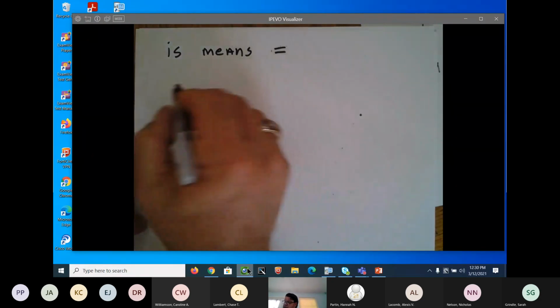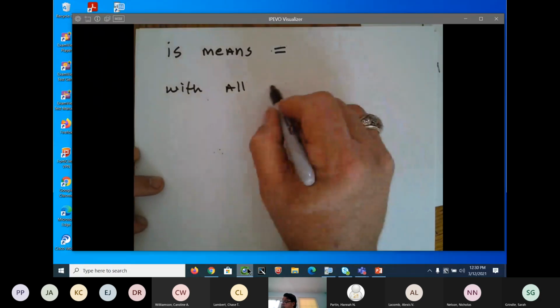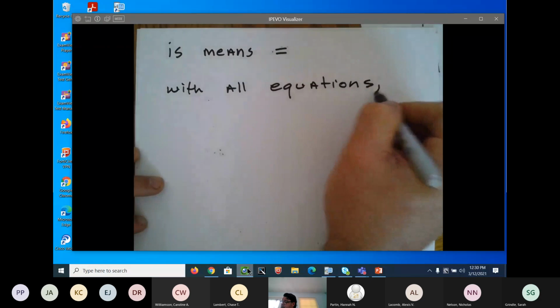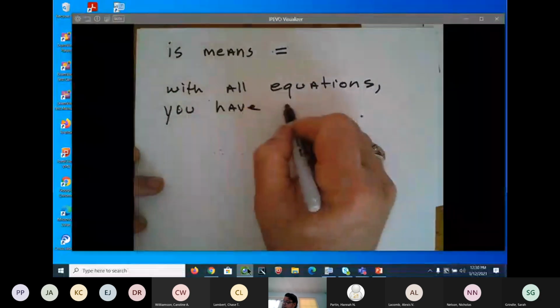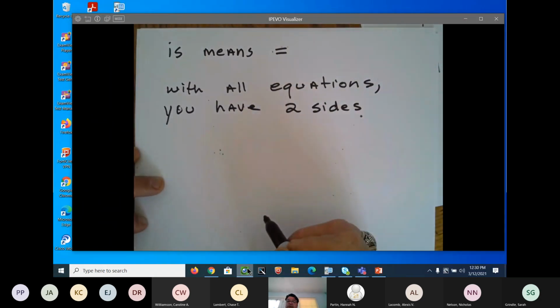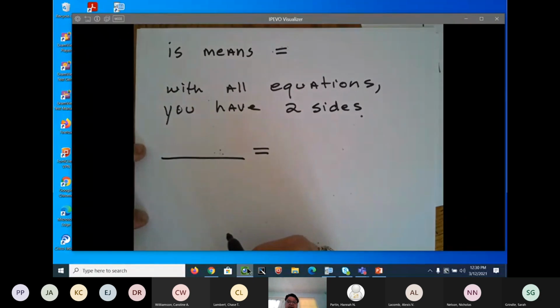Because with all equations, you have two sides. And what are those sides? The left-hand side of the equal sign and the what?